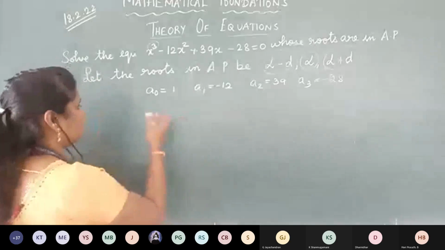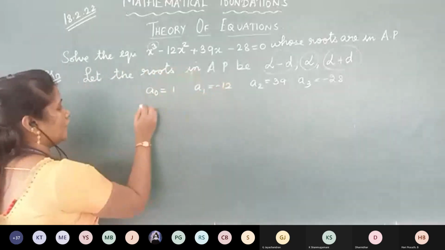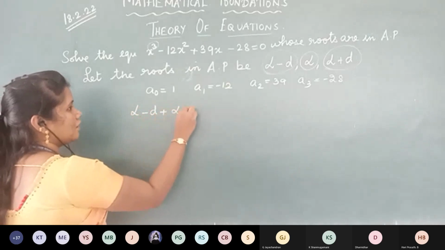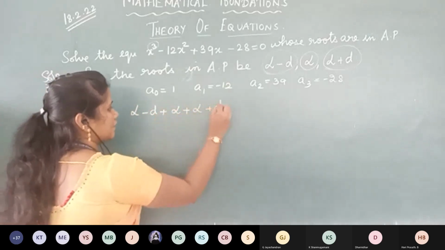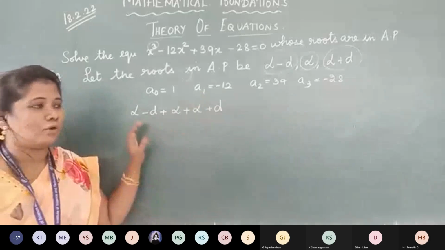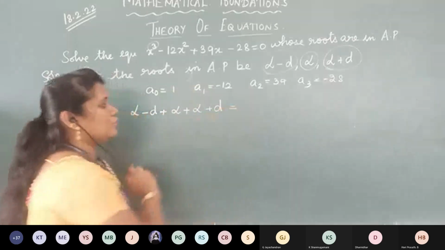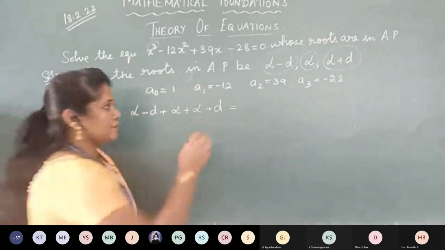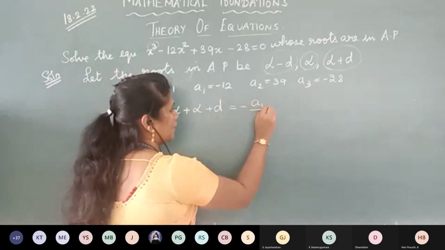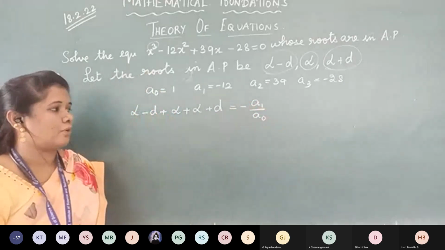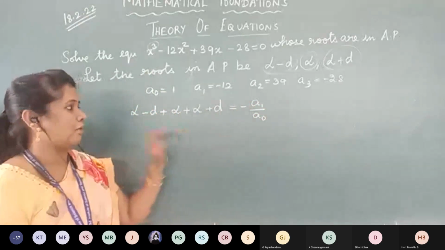Here your roots are alpha minus d plus alpha plus alpha plus d, taken one at a time, and that is equal to minus a1 by a0.